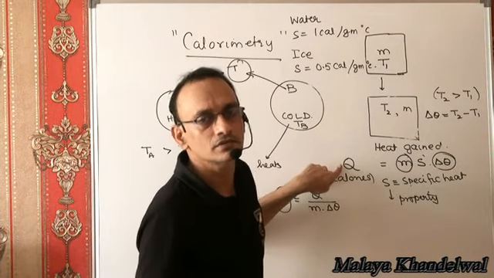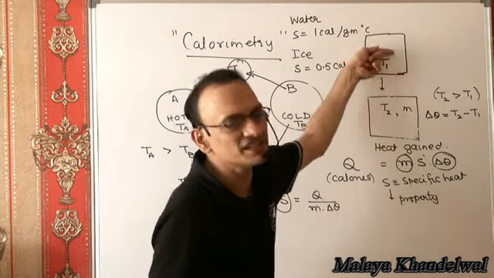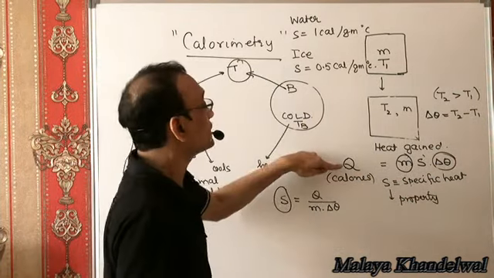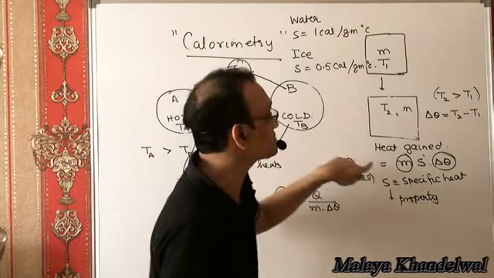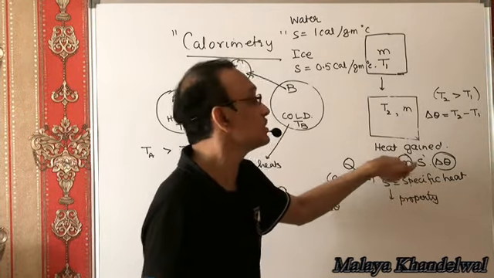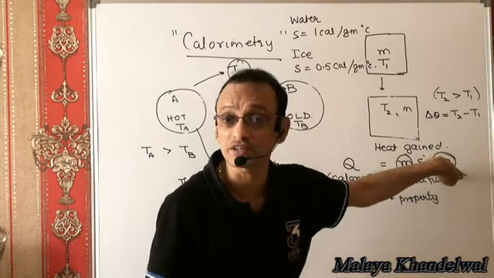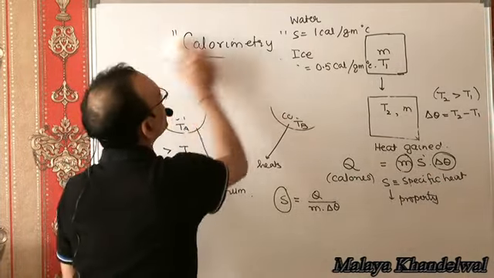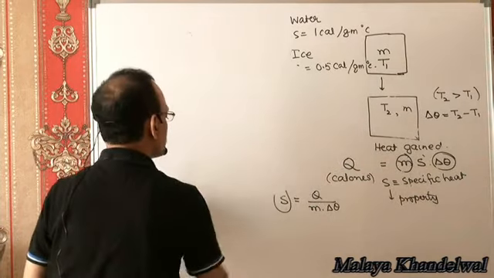Decrease of temperature, that means if T2 is less than T1, then delta theta is the decrease in temperature, and the heat lost or heat expelled by the substance is going to be the mass of the substance into specific heat into change of temperature. Yes or no, right? In that context, we have another entity defined.